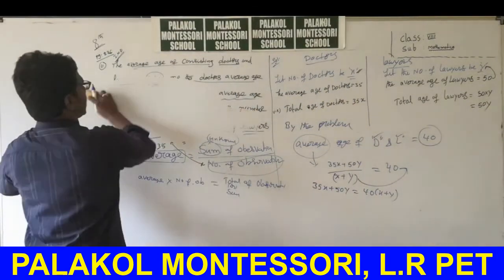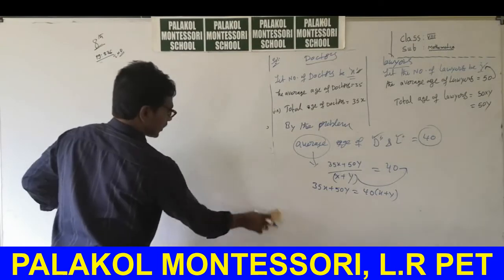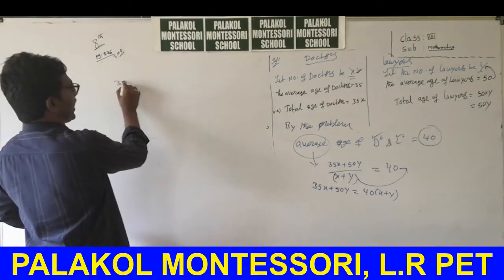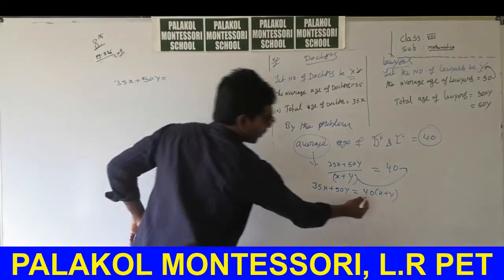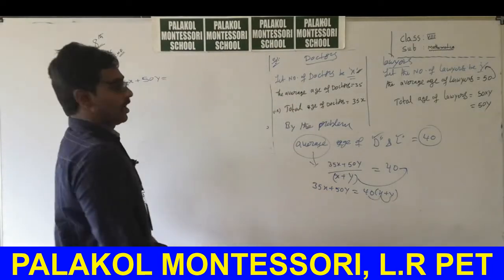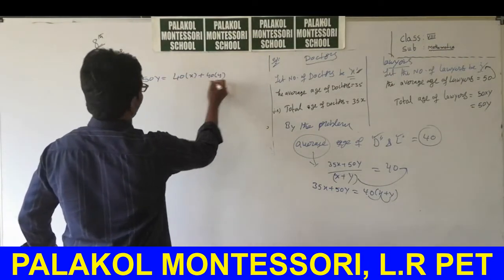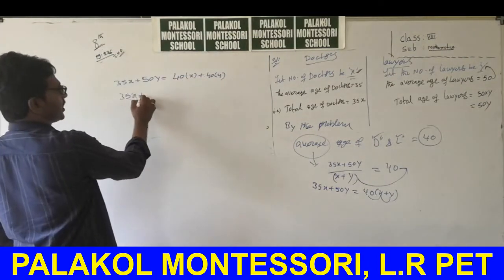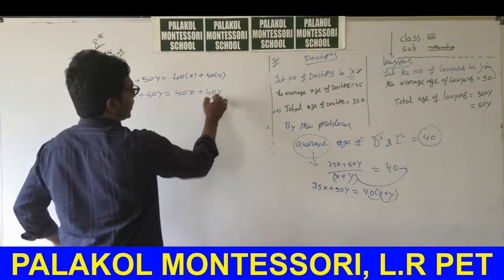Now see, 35x plus 50y is equal to, you apply the distribution law, 40 of x plus 40 of y. 35x plus 50y is equal to 40x plus 40y.